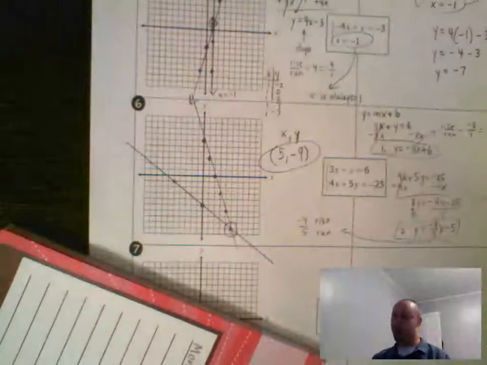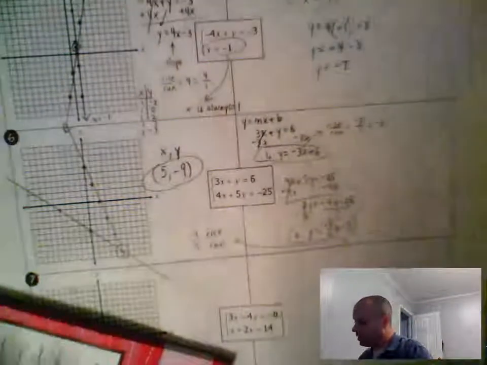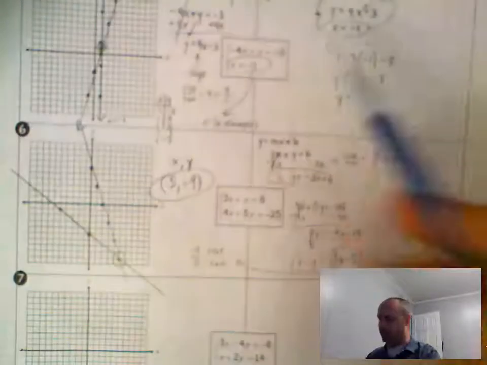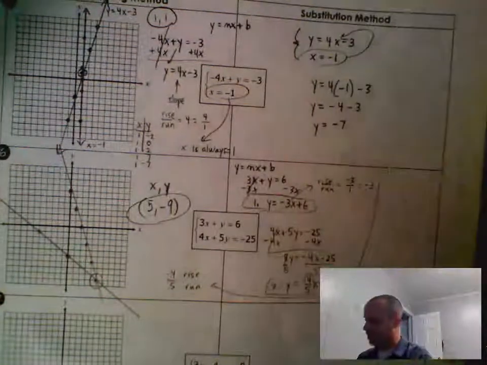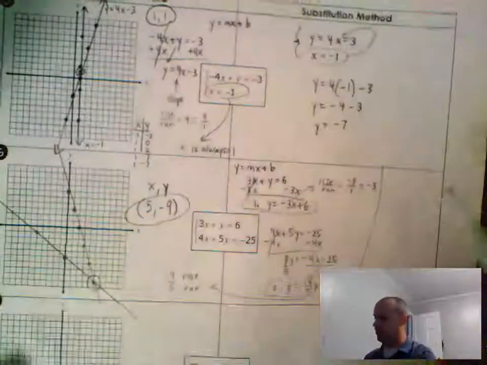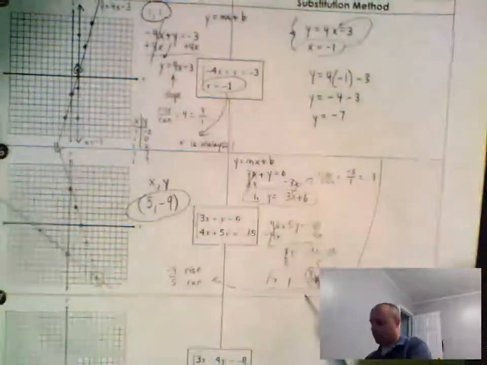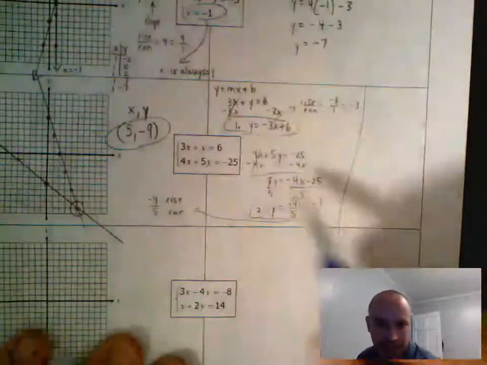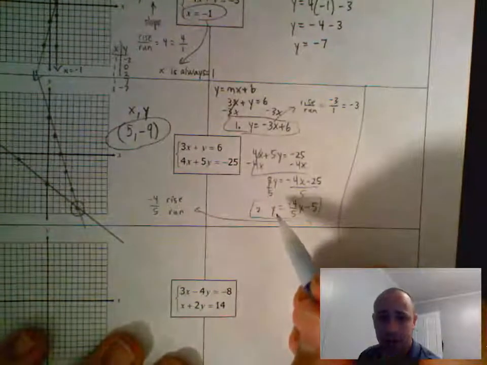Now, if we did it correctly, we should get the same answer over here. So let's check the answer over here. To find it with the substitution method, this one was a little different, and I made a mistake on that, so I'm going to have to come back to that. But usually, when you do the substitution method, you have y equals this, and then you have y equals this. So if this is equal to y and this is equal to y, then they're both equal to each other.